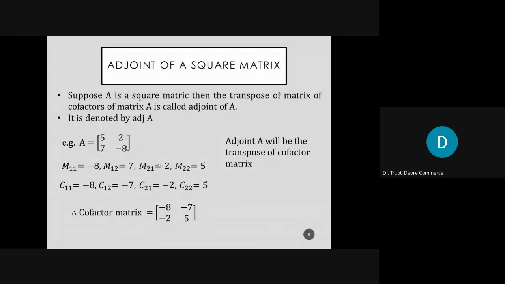So we have to convert it into its transpose. It means we consider this row as a column, so it becomes -8, -2, and the second row becomes the column -7, 5. So it is called your adjoint matrix, adjoint of A.